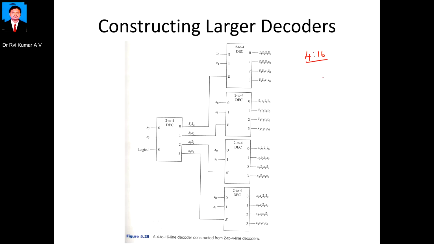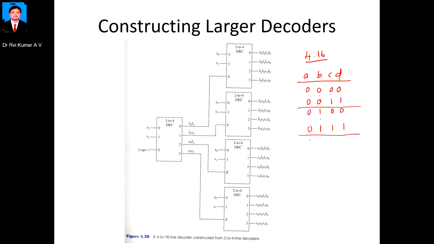In the 4:16, let me have the combination ABCD. Here the combinations are like this: 0 0 0 0 to 0 0 1 1. This is one combination of the input, and the next we have 0 1 0 0 to 0 1 1 1.